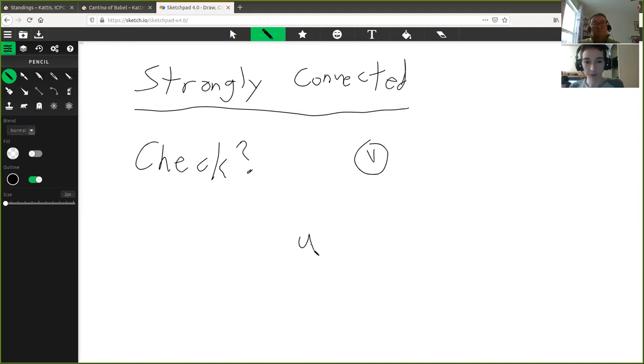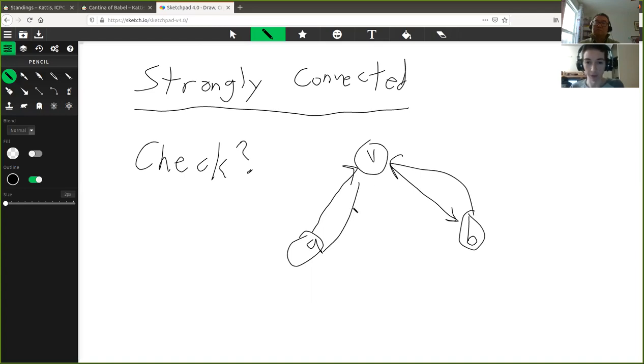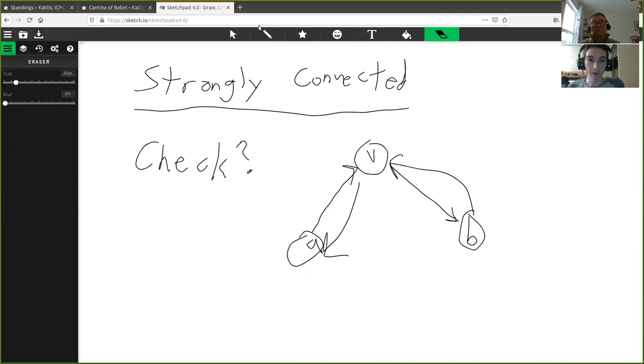Say there are any two vertices A and B. We want to know, is there a path from A to B? Well, we already checked that everything can reach V and V can reach everything. So for any two vertices, there's a path between them, and similarly there's a path from B to V and B to A. So that's how we can check if a graph is strongly connected.